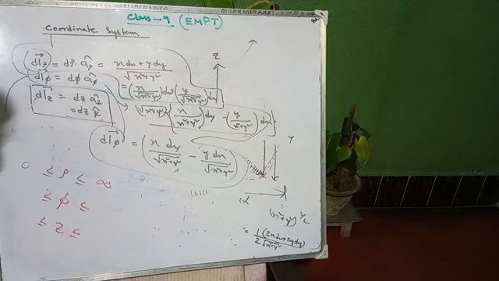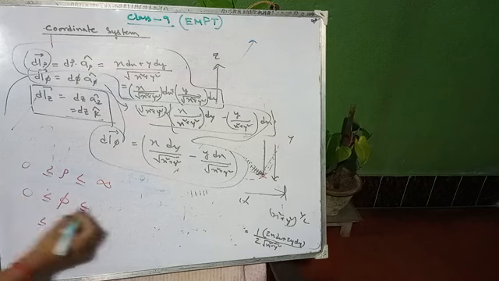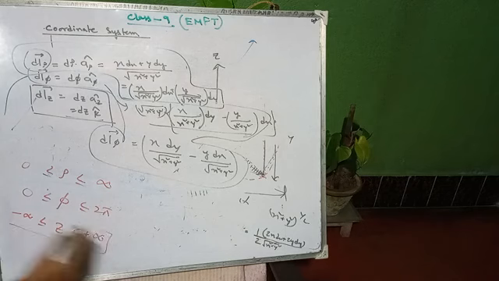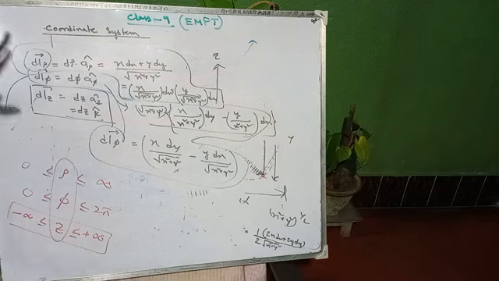Rho varies from 0 to infinity, and phi varies from 0 to 2 pi, and z varies from minus infinity to plus infinity. That means z is similar as of the rectangular coordinate system. So this is the range of these three parameters. Okay, so cylindrical coordinate system means this one.